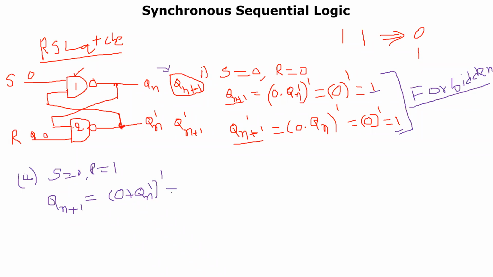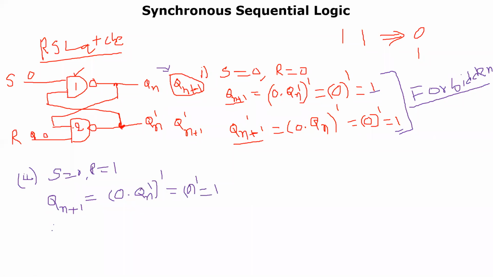We know that 0 plus anything, sorry, it is not actually plus, it is actually into, because a NAND gate always operates with into. I'm very sorry. So 0 into anything will be equal to 0. Therefore 0 complement will be equal to 1.